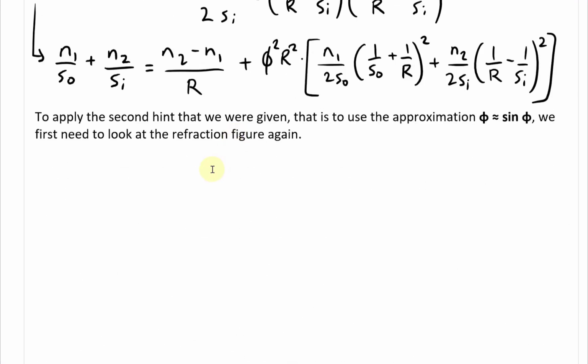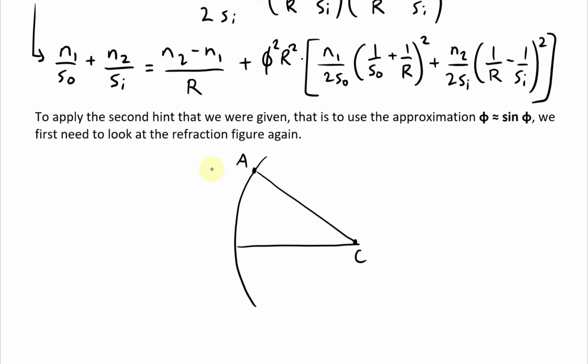So we have our spherical interface like that. We have the point A, and then we have the center of this circle, C. This distance here is r, same as here is r. And now this height is h.